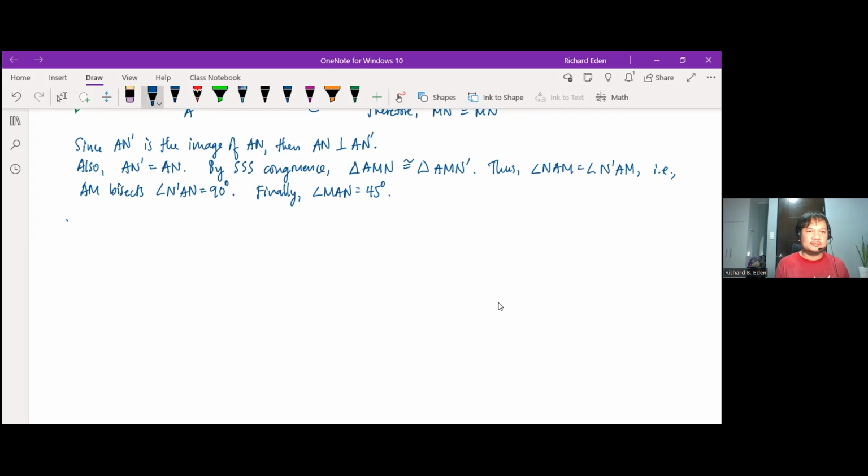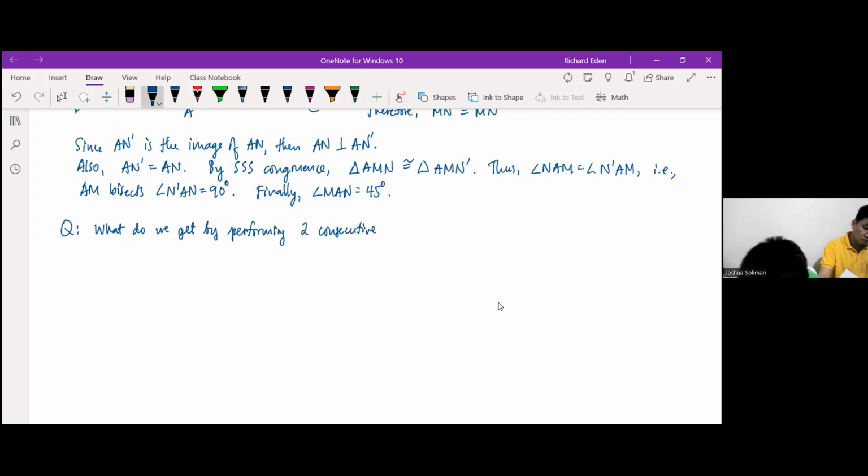So the question: what do we get by performing two consecutive rotations? Suppose the rotations are as follows.